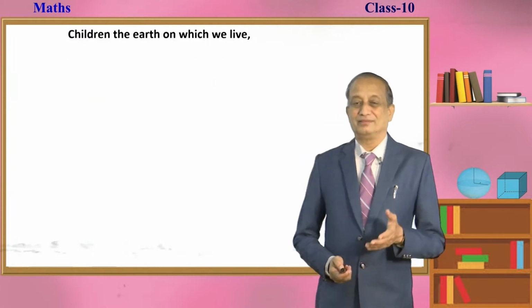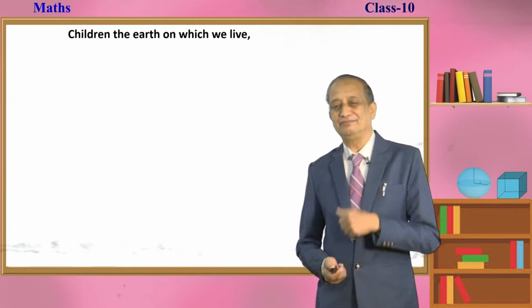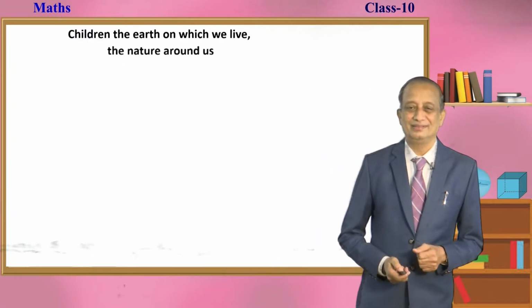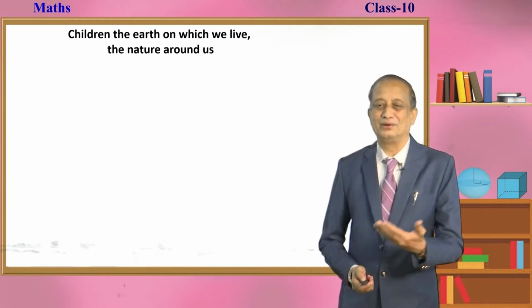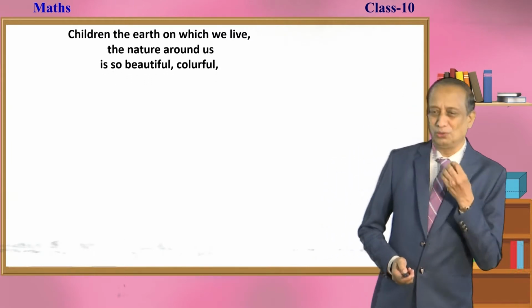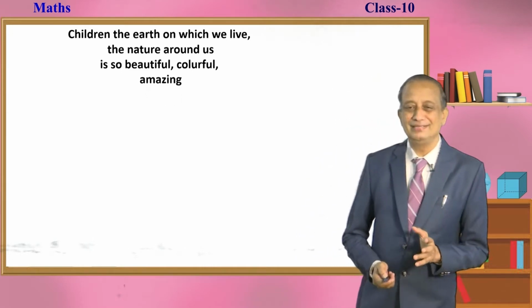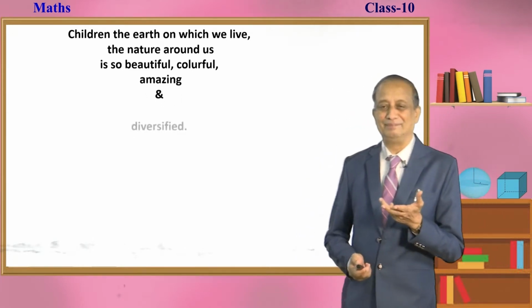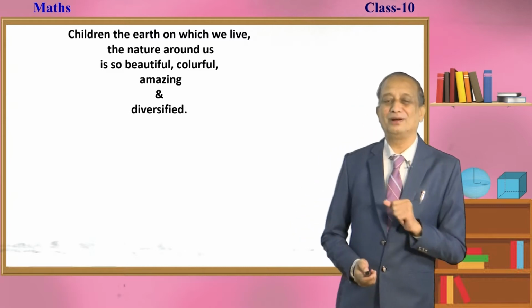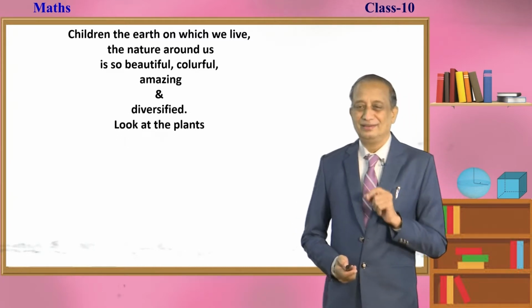Children, the earth on which we live, the nature around us is so beautiful, colorful, amazing and diversified also. Look at the plants for some time, children. I will show you some leaves of the plants.